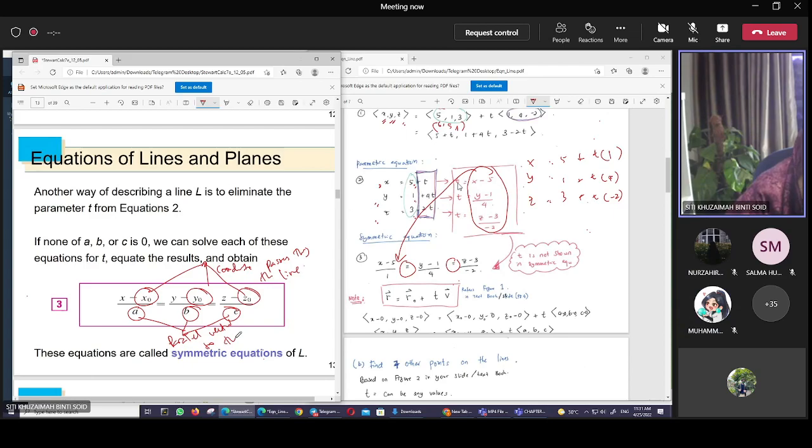Yeah. So that is the pattern. x, y, z must be there, it's a must. And then x naught, y naught, z naught is 5, 1 and 3 from this. Negative is a must, okay? And then divided by the parallel vector 1, 4, negative 2. So how do we get this?